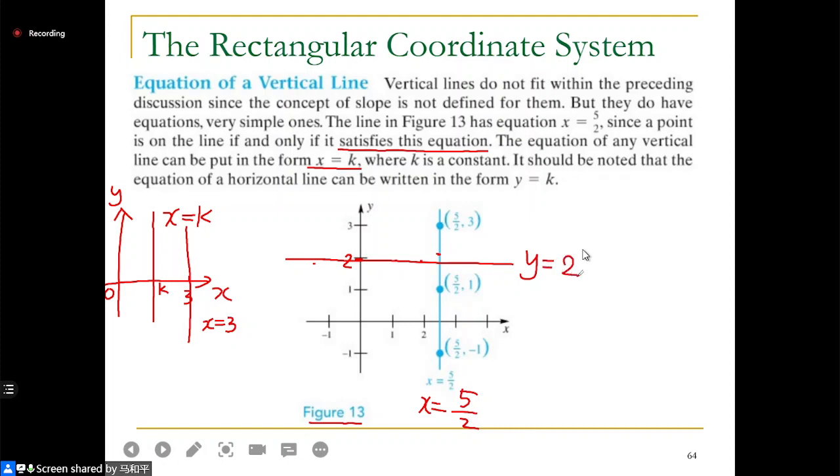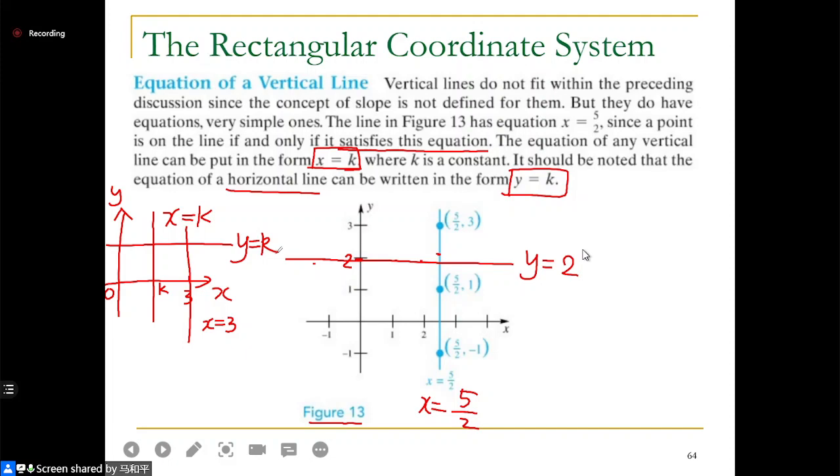This means any horizontal line can be written in the form y is k, and any vertical line can be written as x is k.